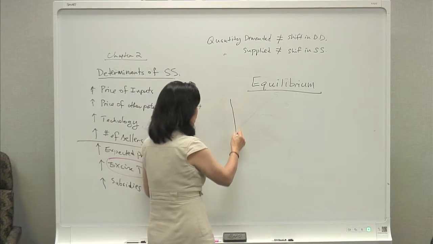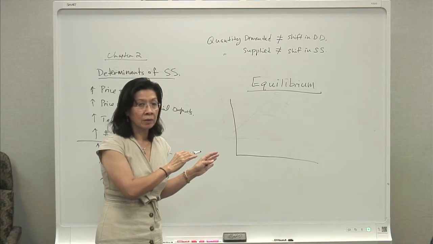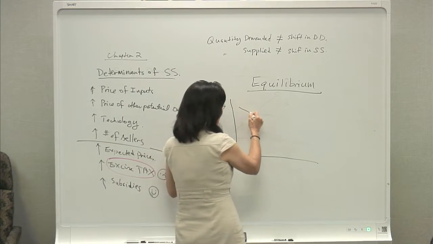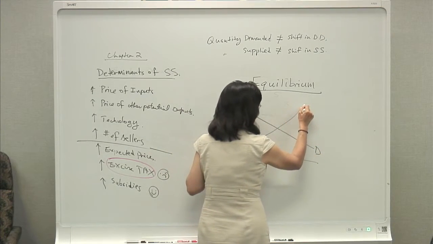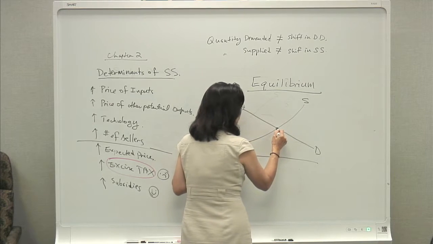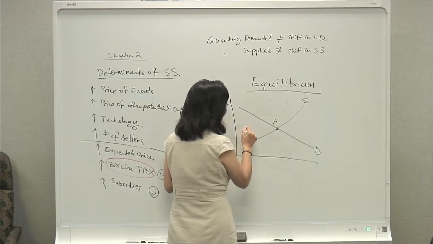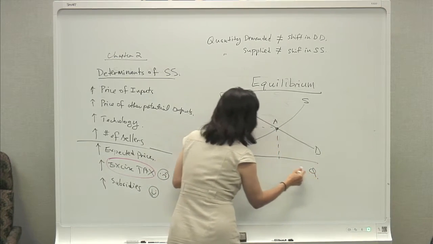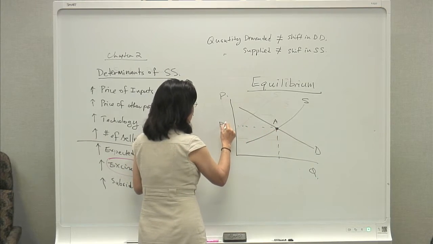So remember a while ago, you only see the supply side by itself, or you see the demand side by itself. So now we're going to put the two together. So here we are, we got the demand curve that's downward sloping, we got the supply curve that's upward sloping, and where the two lines intersect, I'm going to call it point A. Again, this is your price, this is your quantity. At price A right there, we denote it with P star.